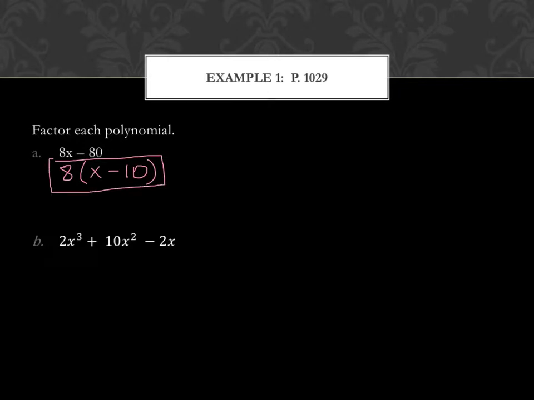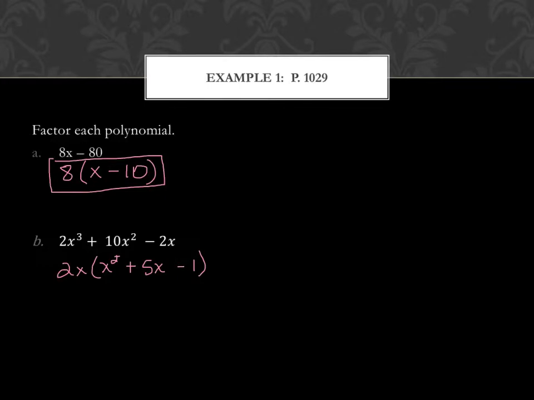On B, 2x cubed plus 10x squared minus 2x. So I can factor out a GCF of 2x first, leaving me with x squared plus 5x minus 1.